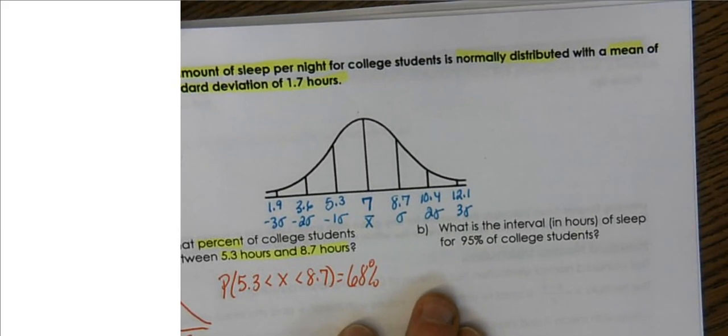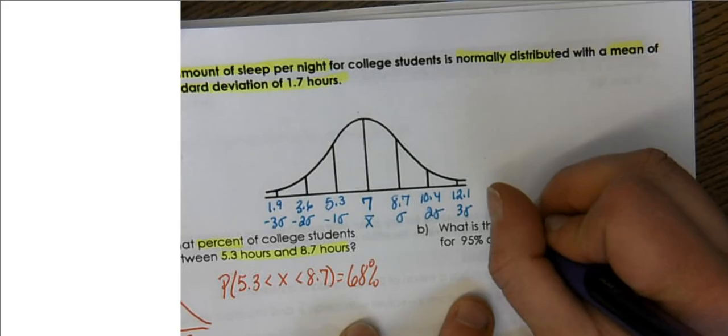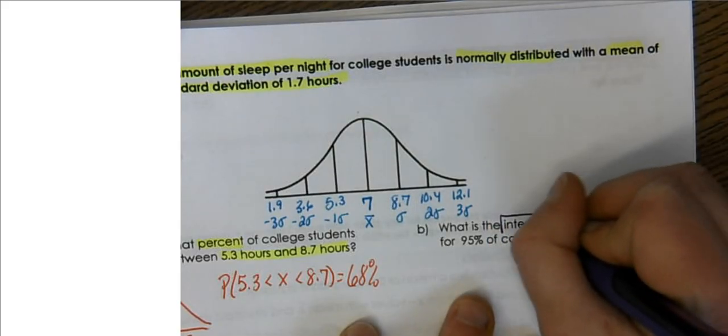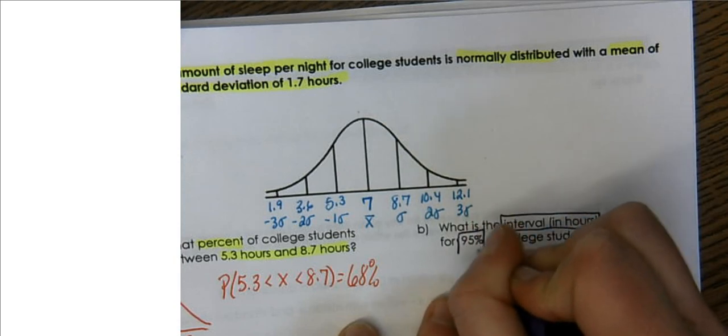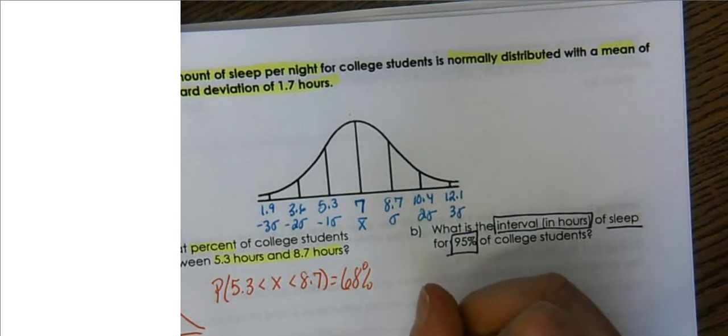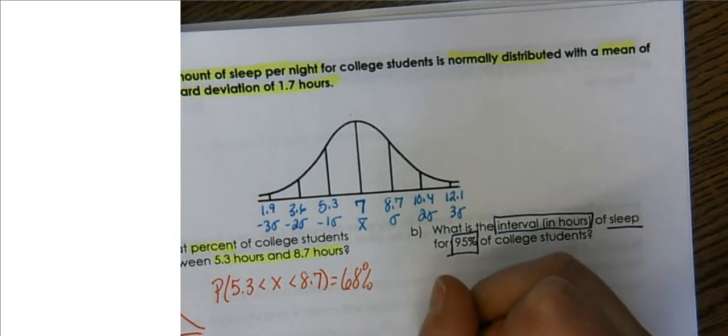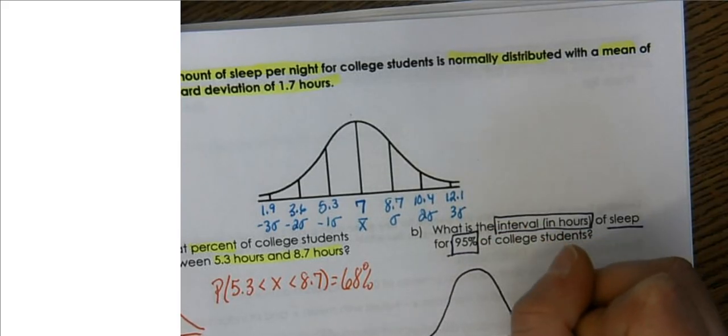For letter B, we want to figure out what is the interval in hours of sleep for 95% of our college students. So let's remember, where would that be?